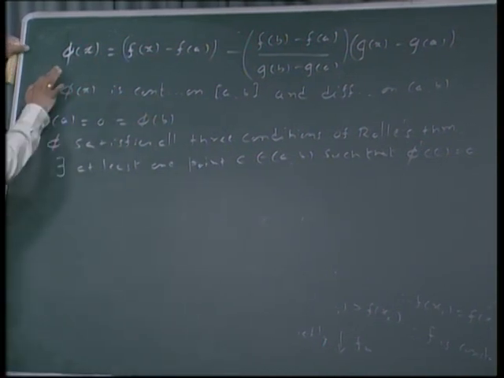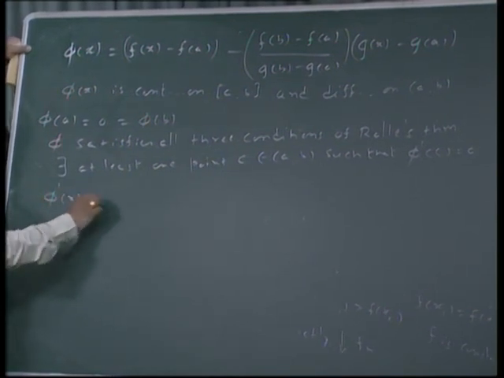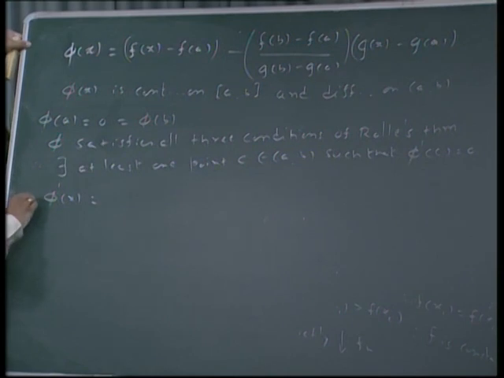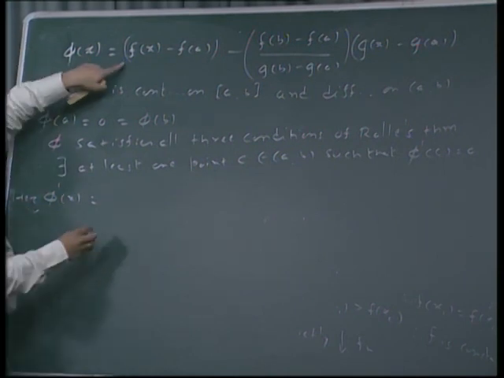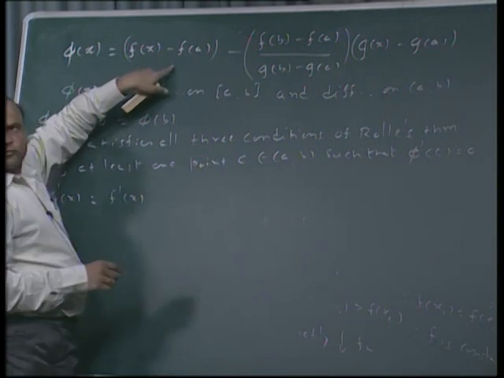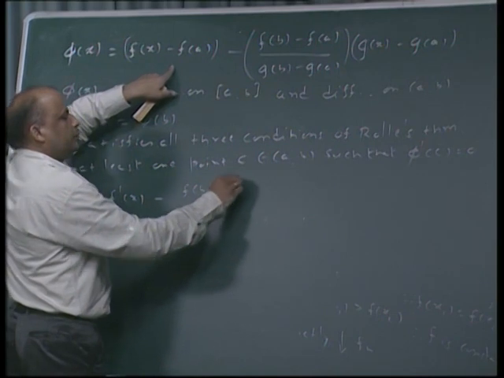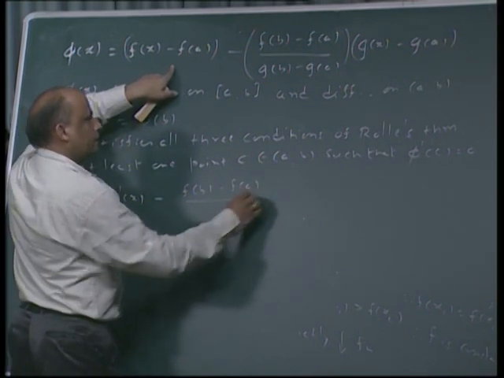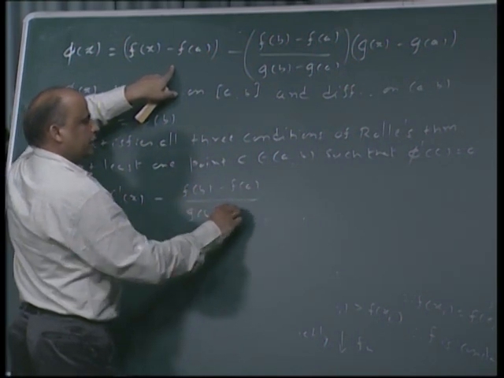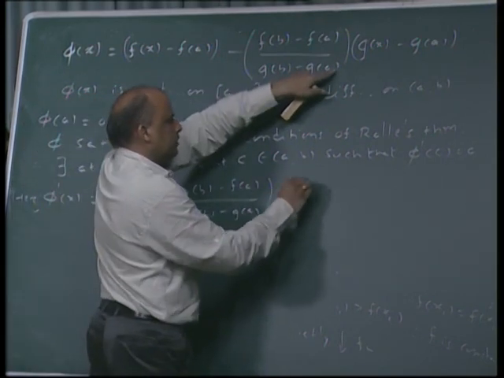Now, let us find out the derivative of phi. Phi'(x) is the derivative of f(x) minus the derivative of f(a), which is constant, hence the derivative is 0, minus (f(b) minus f(a)) upon (g(b) minus g(a)) into the derivative of g.